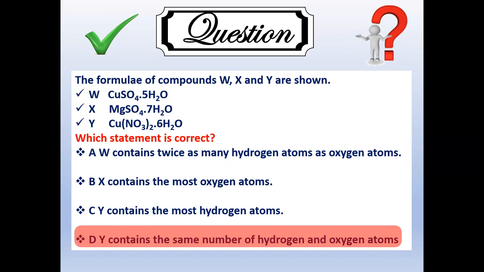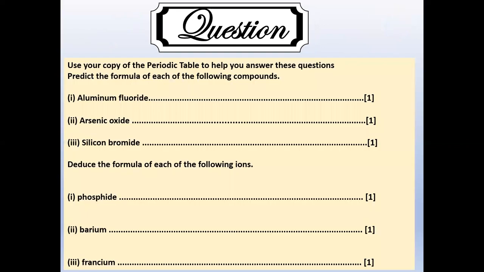If we see Y, the number of hydrogen atoms is 6 multiplied by 2, which is 12. While the number of oxygen atoms, 6 are in water, while the 6 are in nitrate, so 2 multiplied by 3 becomes 6, and 6 plus 6 is 12. So it means 12 hydrogen and 12 oxygen atoms are the same in Y. So in this way, Y will be the correct option.